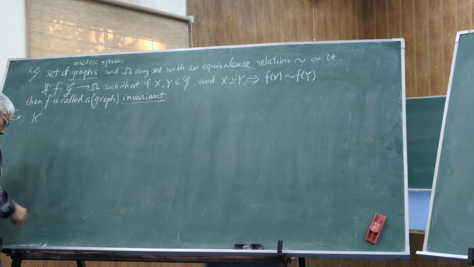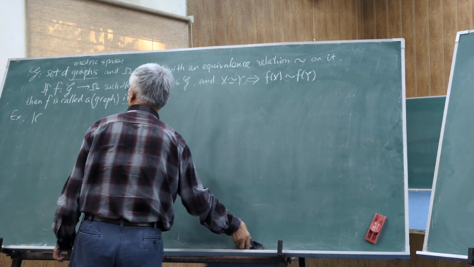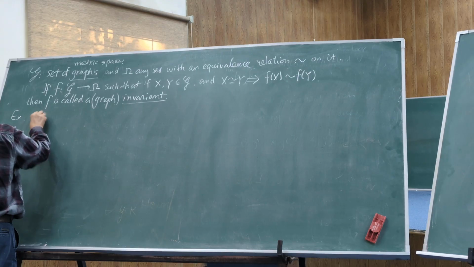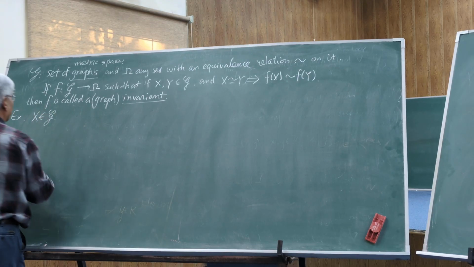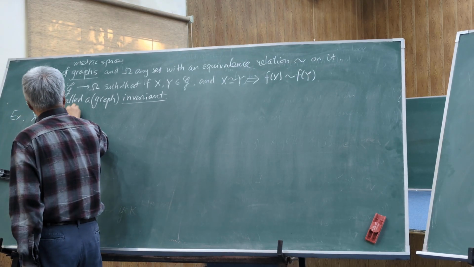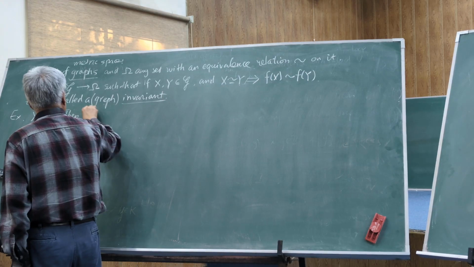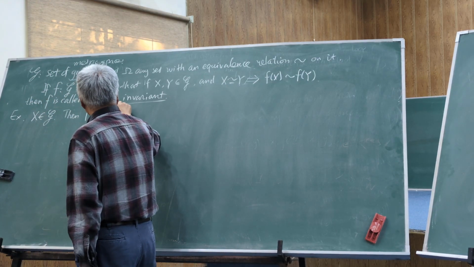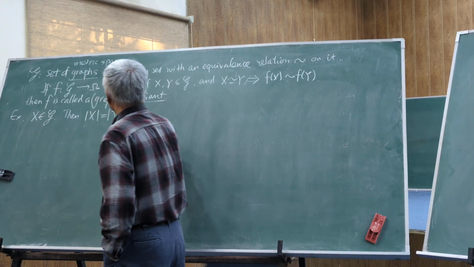Let X be a graph in G. Then this is the order. This order means the cardinality of this set. And this size is also the cardinality of the edge set.